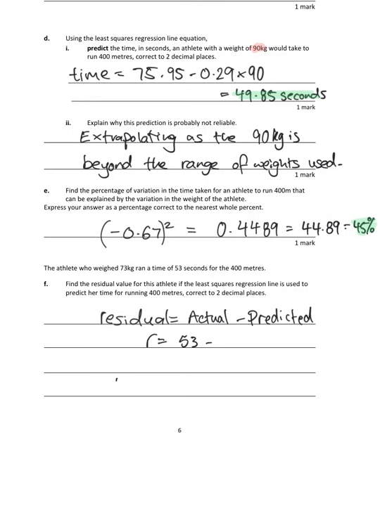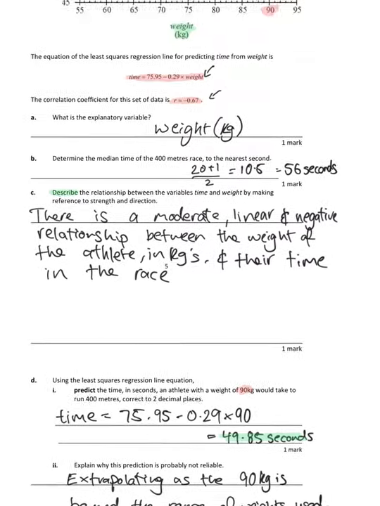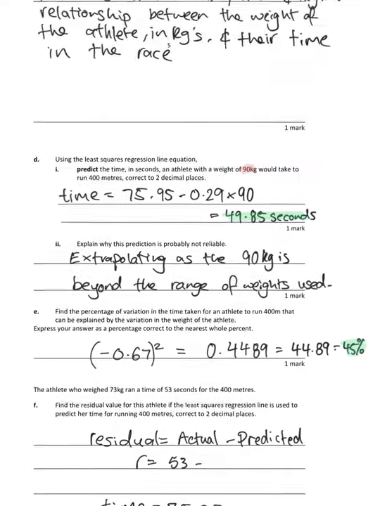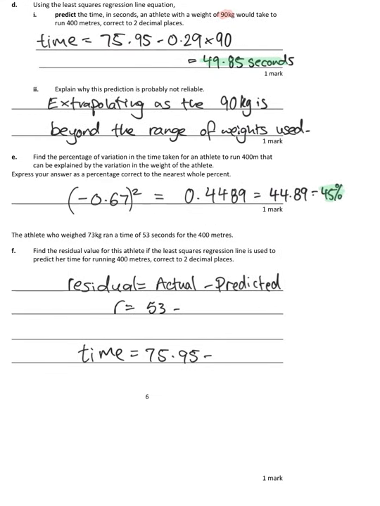So I'm just writing that equation above. Time equals, what was it, 75.95 minus, was it 0.29? 0.29 times, and the weight was 73.